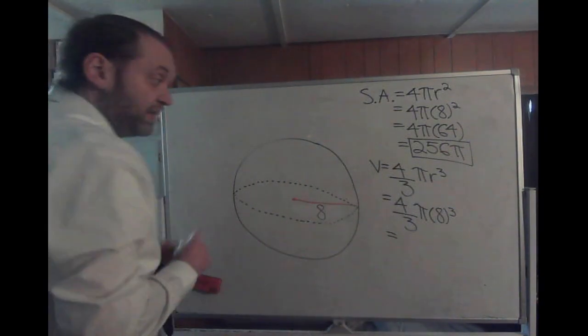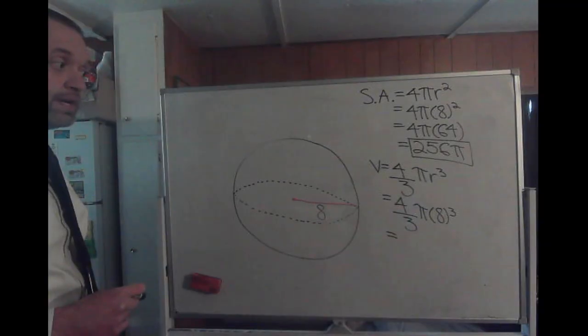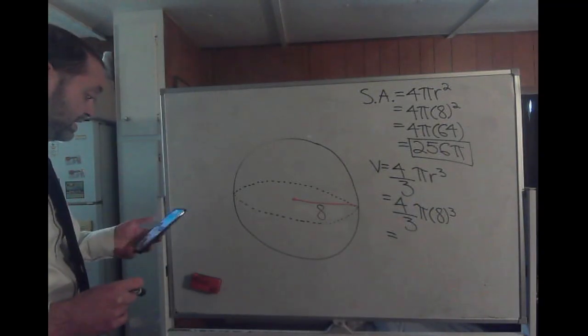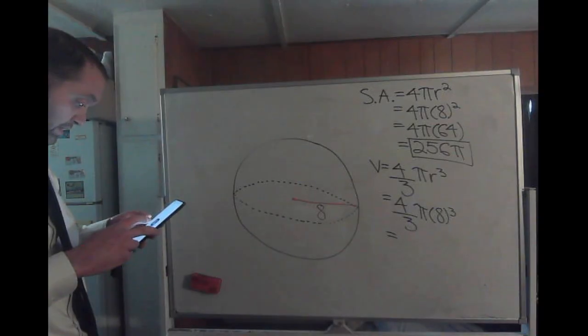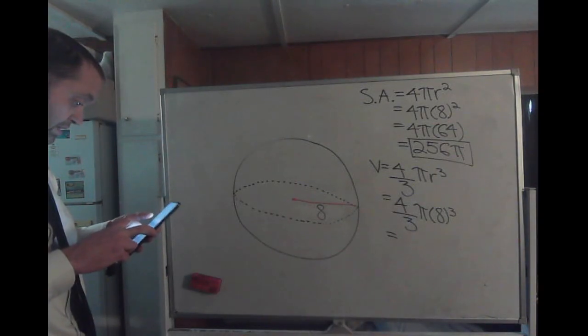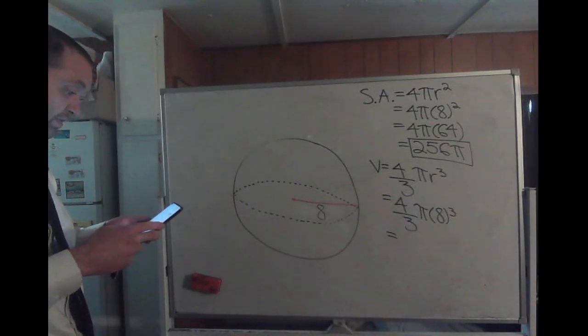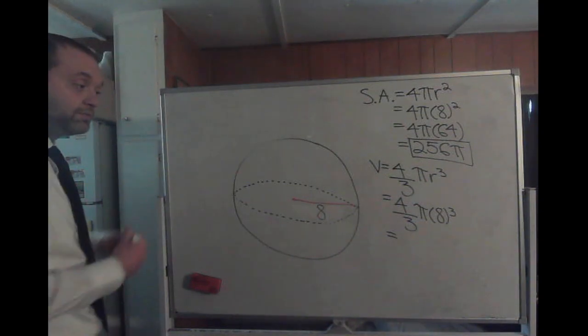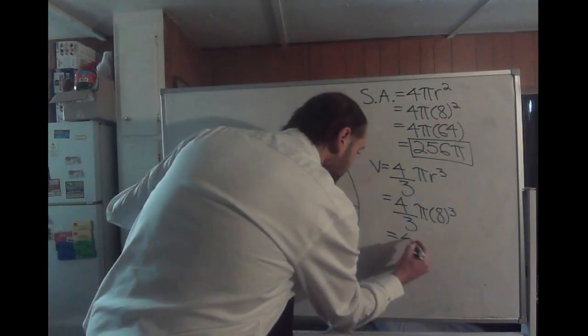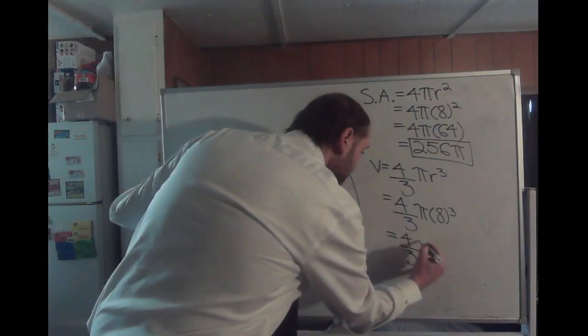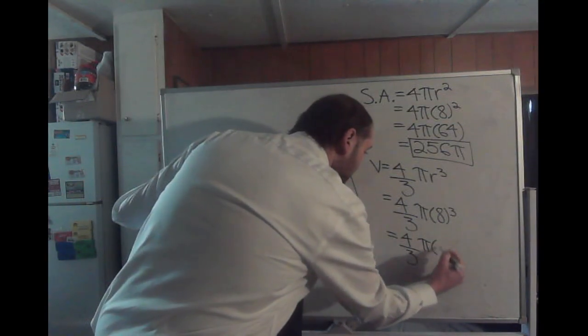Let's find out what 8 to the third power is. So 8 to the third is 512. So you would have 4 over 3 times pi times 512.